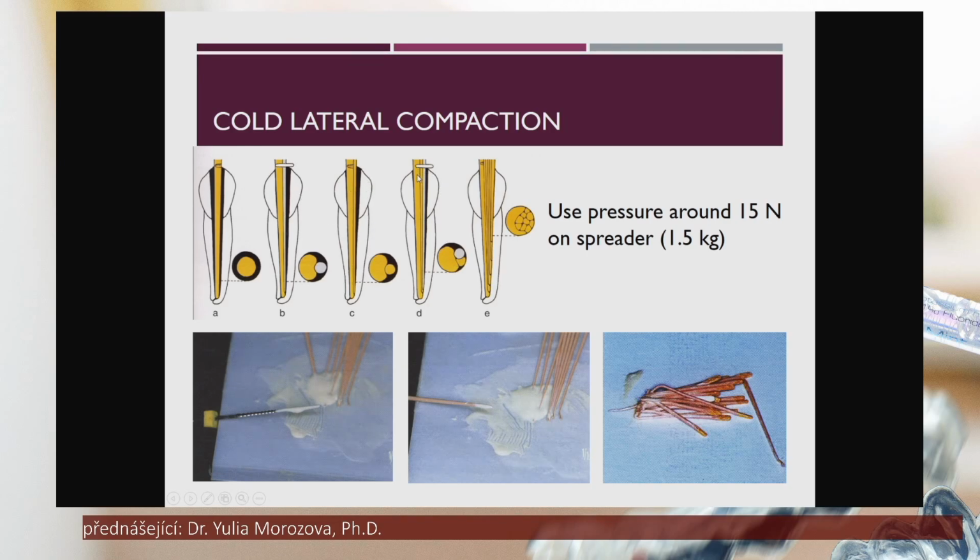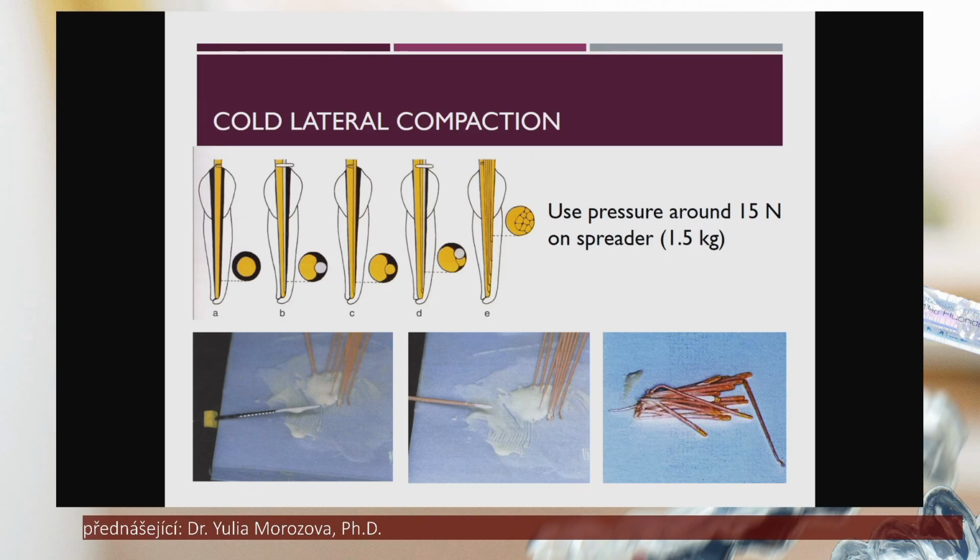Then we put the spreader in once more and repeat this procedure. So using the spreader, we press onto the auxiliary gutta percha cone, then we remove it, put the next auxiliary cone, and continue until we fill all of the root canal and our spreader is placed just up to 2 millimeters into the root canal.